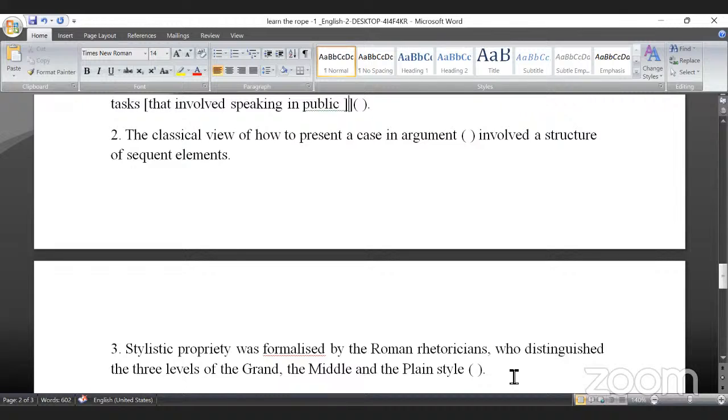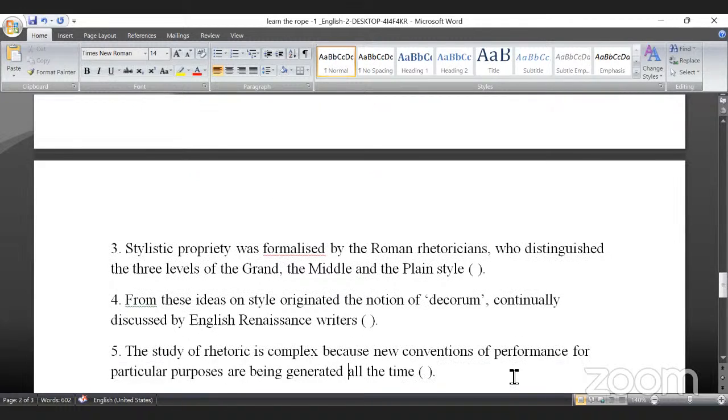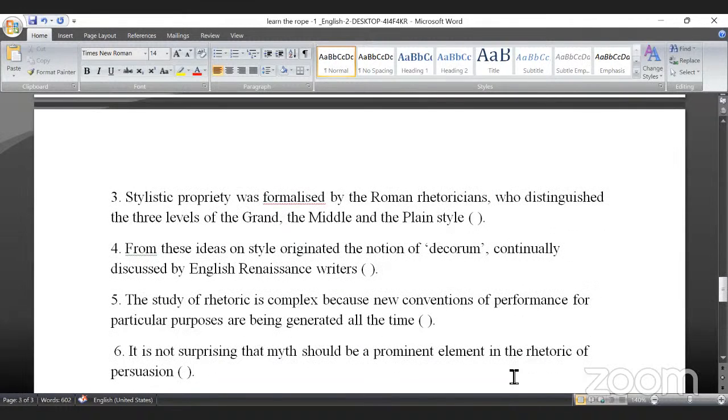Now, the third one: Stylistic propriety was formalized by the Roman rhetoricians, who distinguished the three levels of the grand, the middle, and the plain style. Very simple. Adjectival clause. Rest of you also agree?